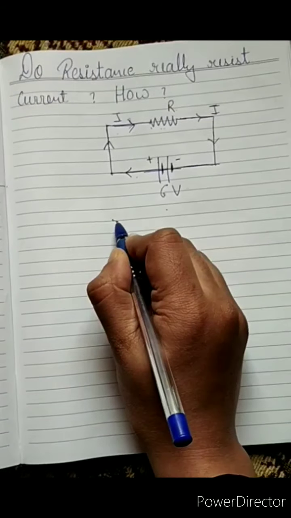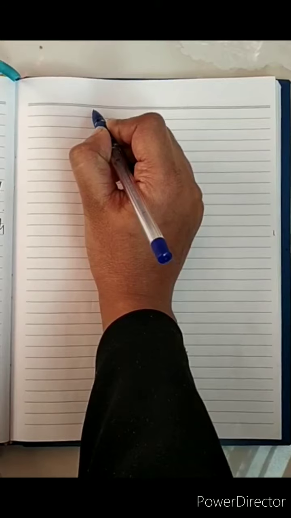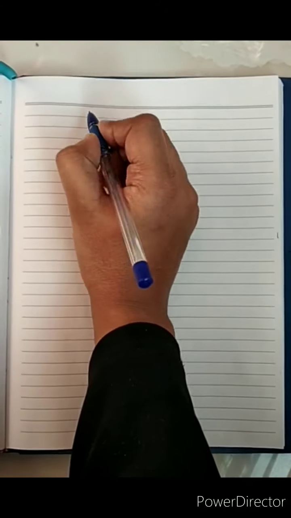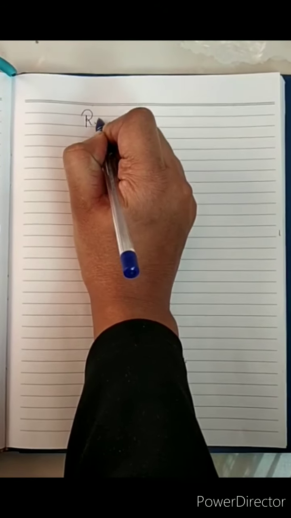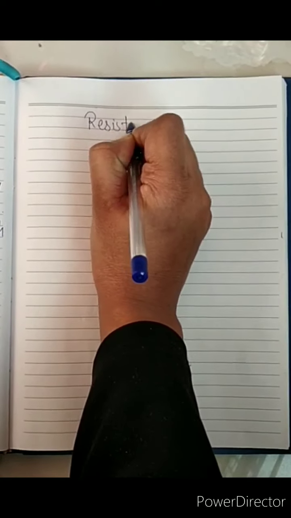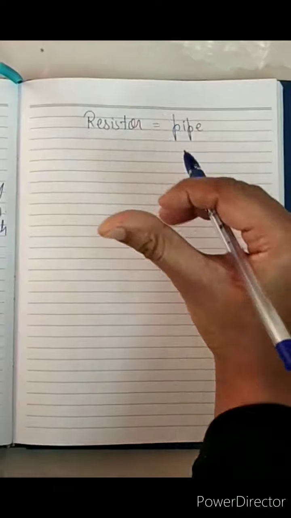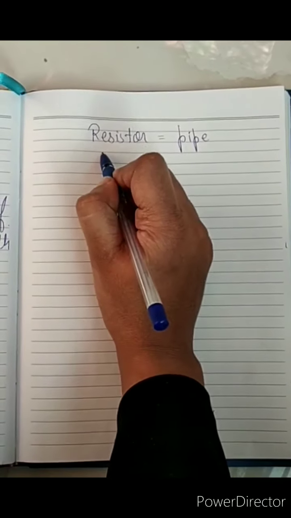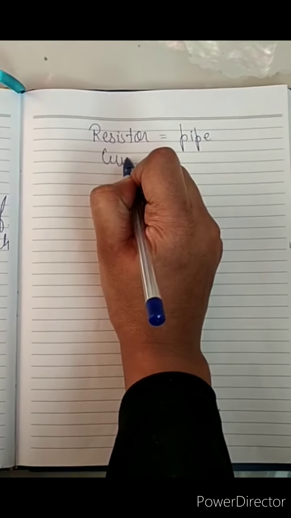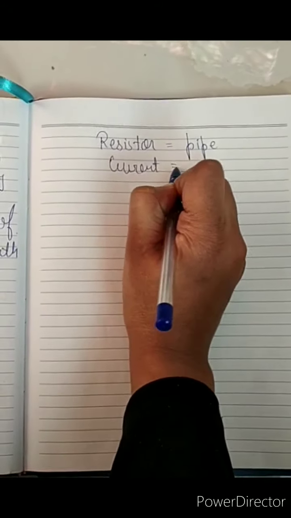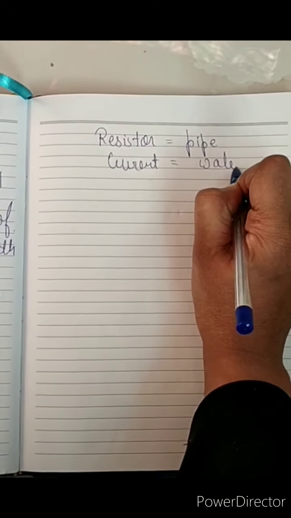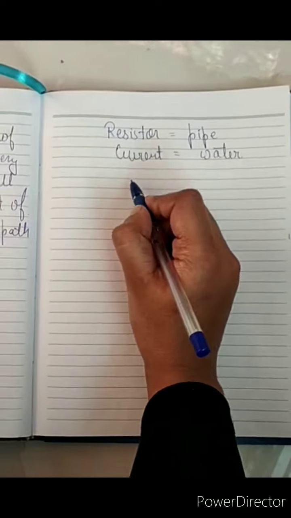Think of a resistor as similar to this pipe. Friends, what we have to do now: resistance is equal to pipe. We are just taking an example of it, and current equals water. Okay, what happened?